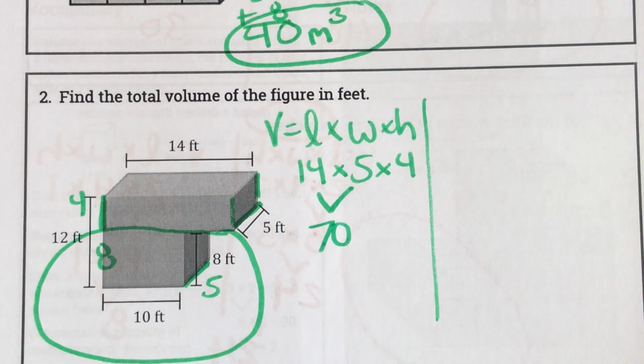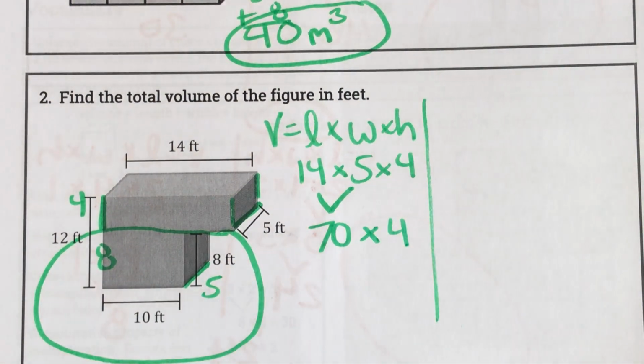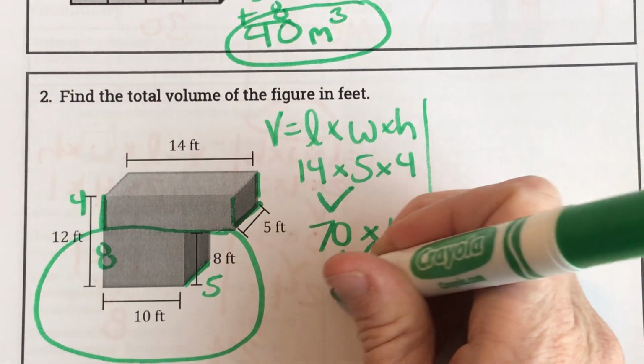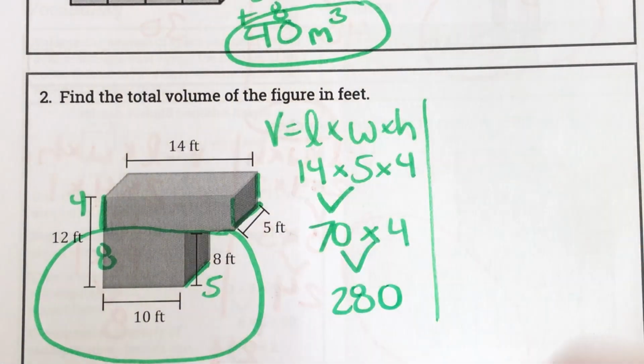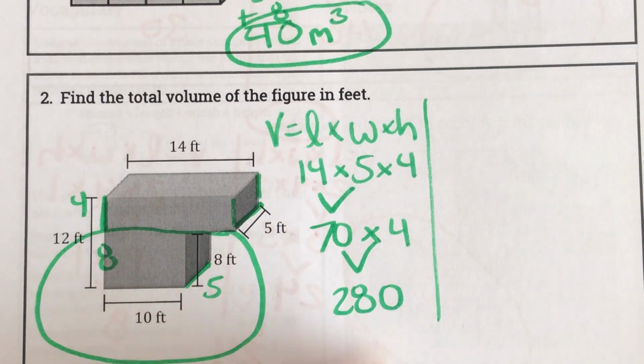If you couldn't do that, you could simply do some side work. Okay, and I would multiply this by saying 7 times 4 is 28, and we could add our 0, because 70 times 4 would be 280. Sorry if that seemed confusing.